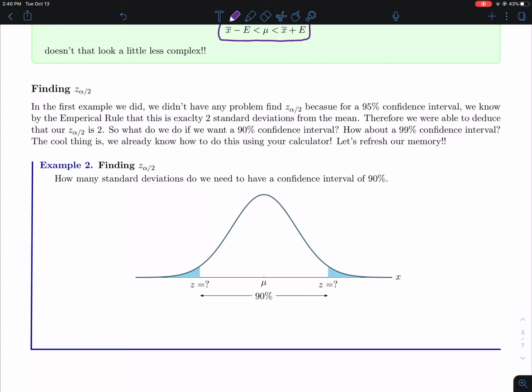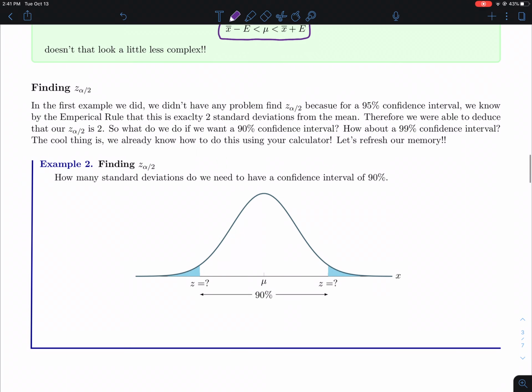Well, again, the main thing we need to do is figure out what this alpha is on the upper end and the lower end. So if I do 1 minus 0.90, that tells me that 10% of the data lives in this blue part. These two blue parts, technically. So 10% lives in these two areas combined.